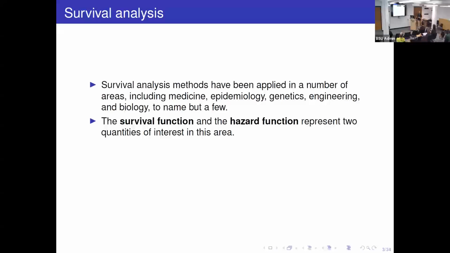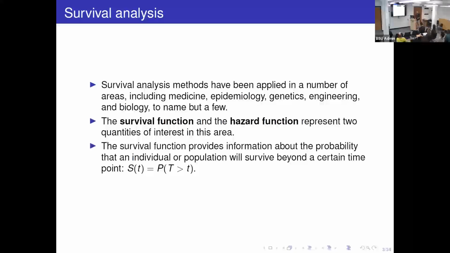So the main quantities of interest in this framework are, of course, the survival function and the hazard function. And there are, of course, many other quantities that can be obtained from the survival and the hazard function. Apologies if this is just basic notation, but I thought it was still important to introduce a little bit of notation.